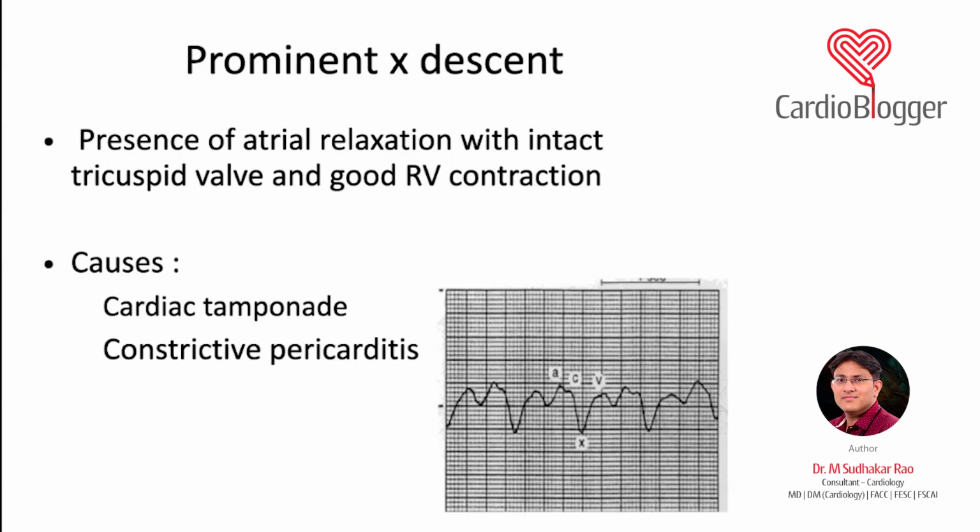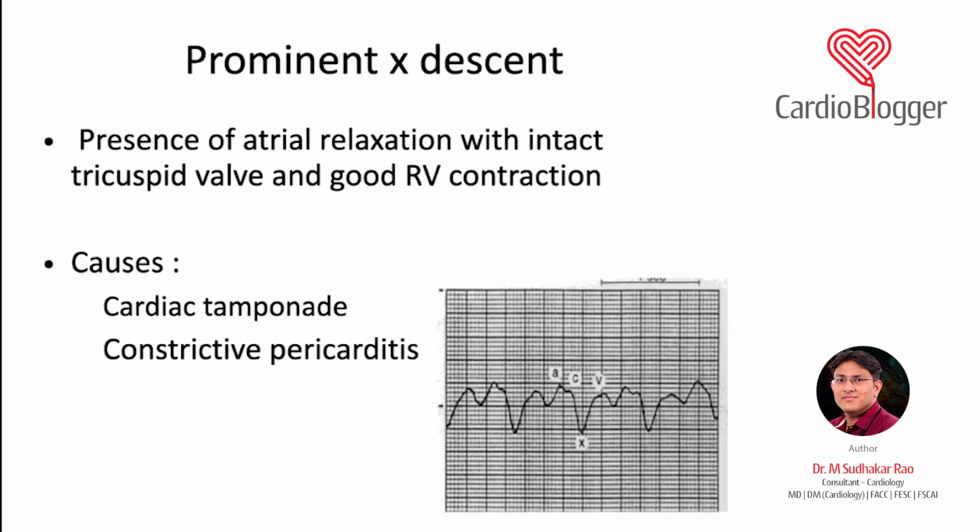Now why both of these cause a prominent X descent is the presence of atrial relaxation with an intact tricuspid valve and a good RV. In constrictive pericarditis, both the early diastole and the later part of the diastole are preserved, so you get a prominent X descent and a prominent Y descent.